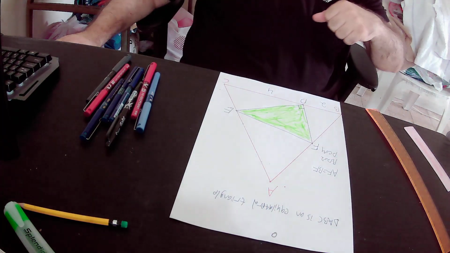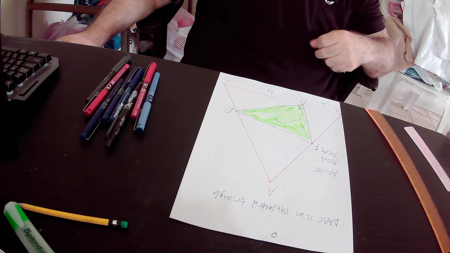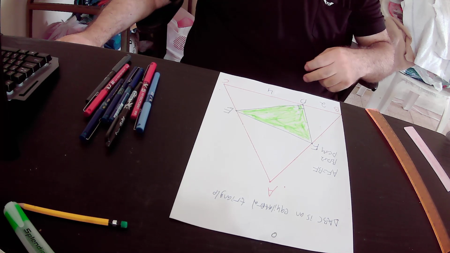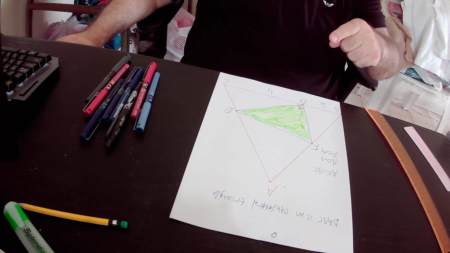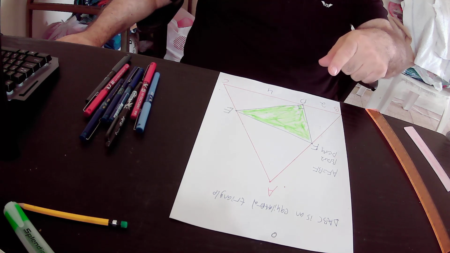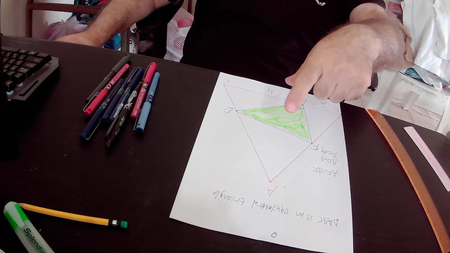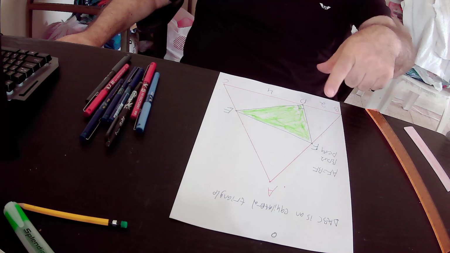Hello, in this lecture we will find the area of the green triangle. In the drawing we have an equilateral triangle.